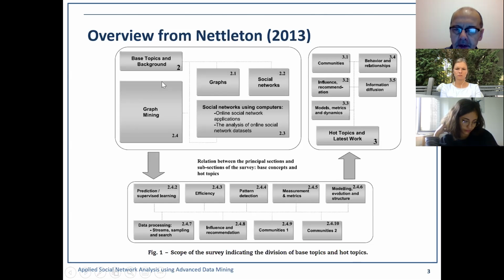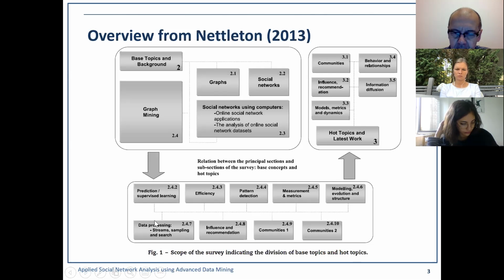Okay, so he introduces the concept of graph mining, which means data mining on graphs. And within graph mining, there are topics like prediction, applying supervised learning, pattern detection, metrics, all kinds of metrics we will need in order to evaluate predictive models.